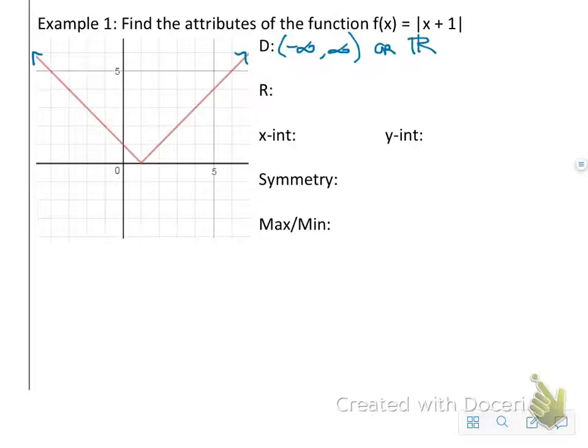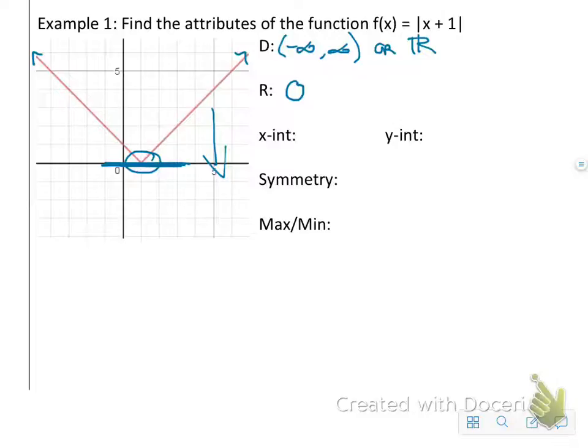Now, range. Range is bottom to top. Does this go down to negative infinity? It does not. It starts right here. But remember, when you're talking about range, you're talking about the y value. So it doesn't go anywhere below the x-axis, which means we're starting at 0. Okay, not 1, 0. And is that included?